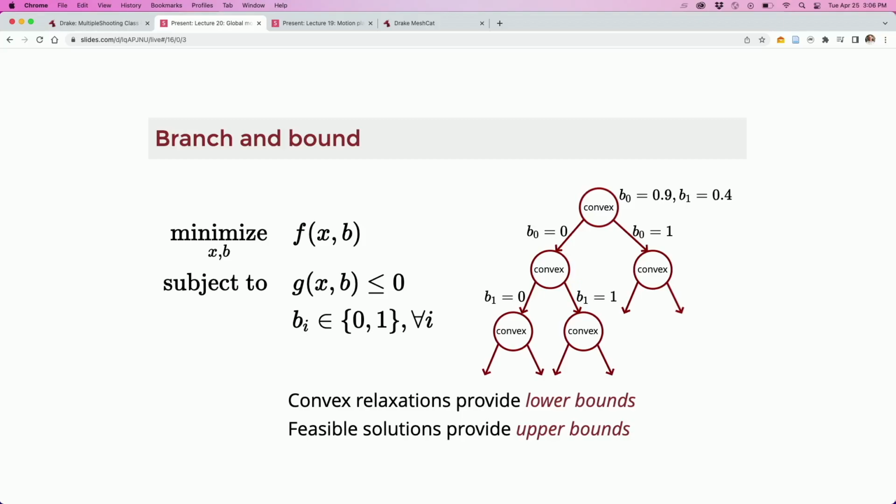So the name of the game in branch and bound is that I can rule out entire search trees. If I know by solving this convex relaxation that the lower bound is 3, but I say over here that the upper bound is 2.5, then I never have to traverse that entire tree. So even though there's a combinatorial search waiting for you, you can discard massive parts of the search space just by keeping track of these bounds.